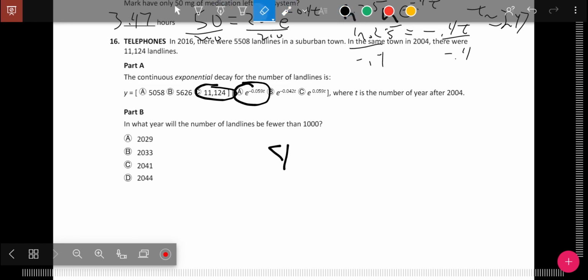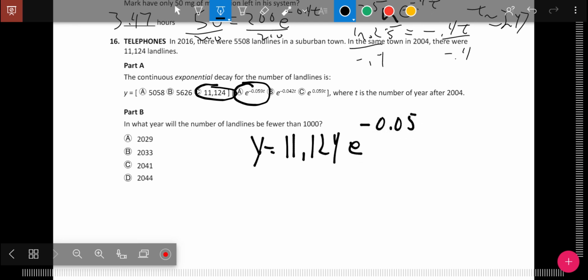Oops, let me fix that. That is my equation. y equals 11,124 e to the negative 0.059t. And for this one, it says landlines fewer than 1,000. So you're going to plug 1,000 in here.